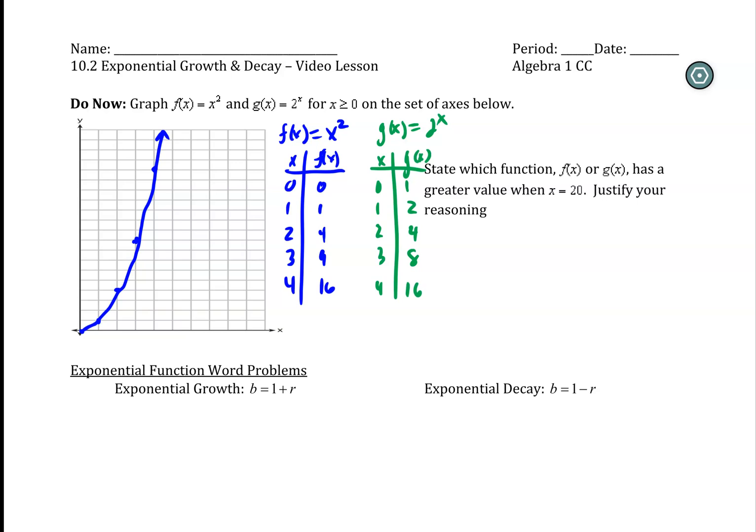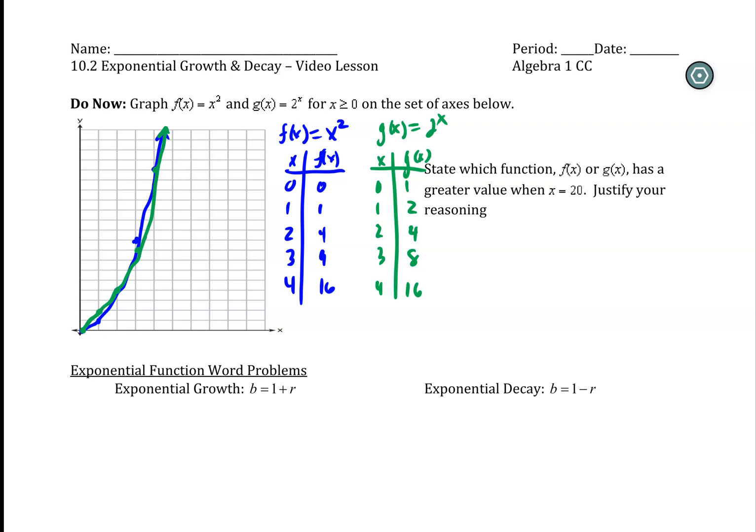So let's plot those. 0, 1, 1, 2, 2, 4, 3, 8, 4, 16, like so. Unfortunately it does not make the nicest straight lines here for some strange reason, but you get the general picture.